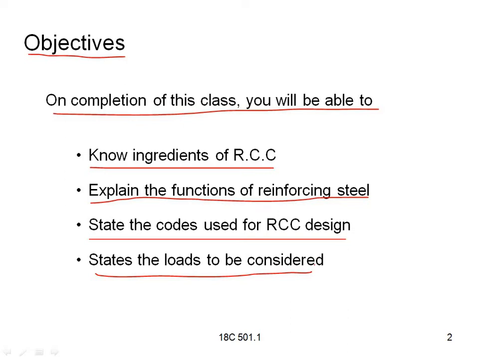And next we are going to see the main structure, that is coming to the simply supported beams. We generally call it a beam. So what is a beam? A beam is a structural member which is horizontal, carries loads and bears the loads. So it is called a beam.